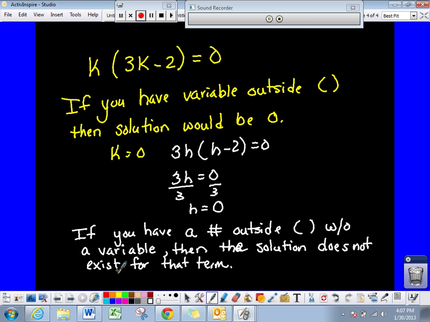So what are you saying, Miss Sappho? I'm saying basically, if I just have 3 parentheses x minus 2 equals 0, and I set 3 equal to 0, can 3 equal 0? Nope. So that's not one of the solutions. Okay?